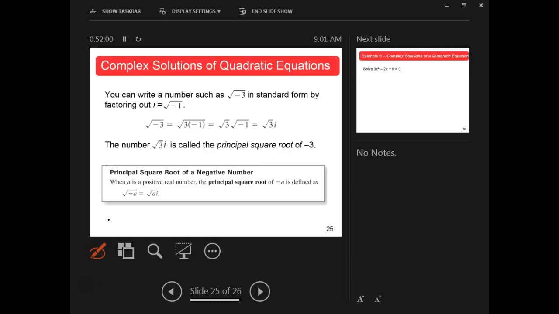I would say i root 3. The principal square root of a negative number, when a is a positive real number, the principal square root of -a is defined as i times root a. That's what I would say. They call it the square root of a times i. Even when you read it this way, the square root of ai, are you meaning square root of ai or square root of a times i?